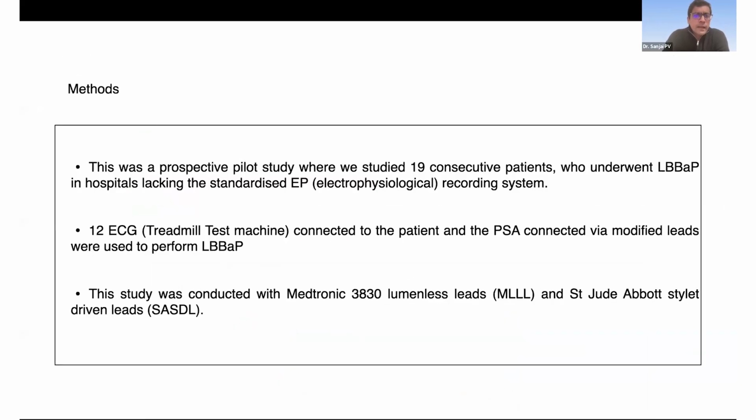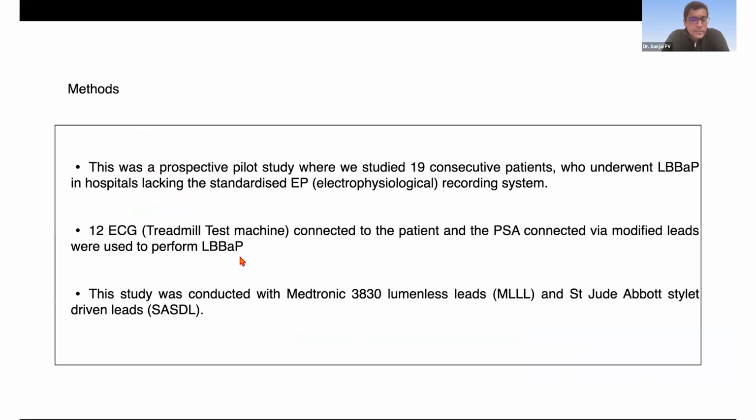So in our study, we did a prospective pilot study. We studied it in 19 patients in centers where we didn't have an EP system. So we used the 12-lead treadmill test ECG machine. We used this for simplicity because we knew that these ECG electrodes had crocodile clips which were easy to be connected to the patient.